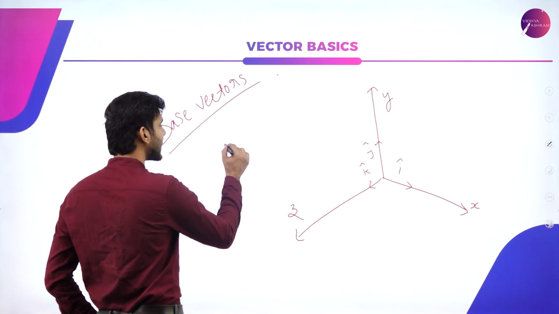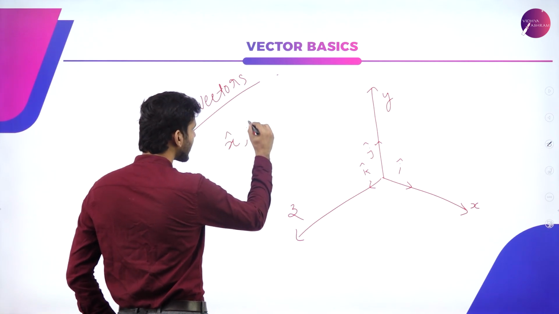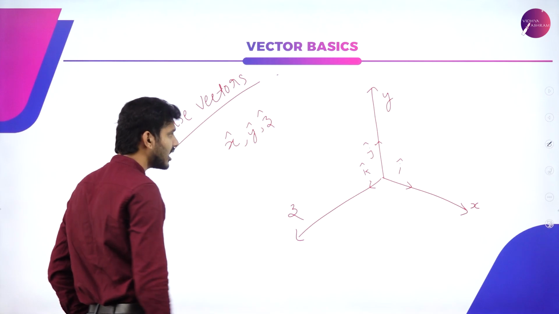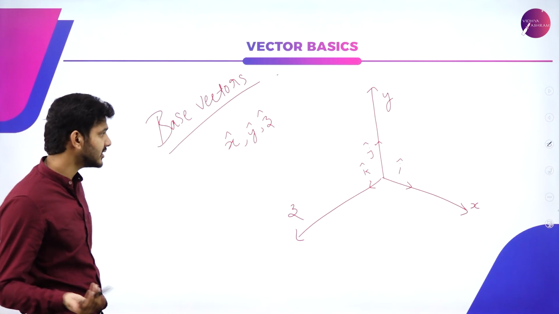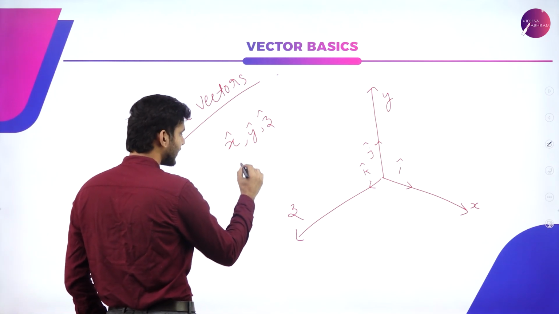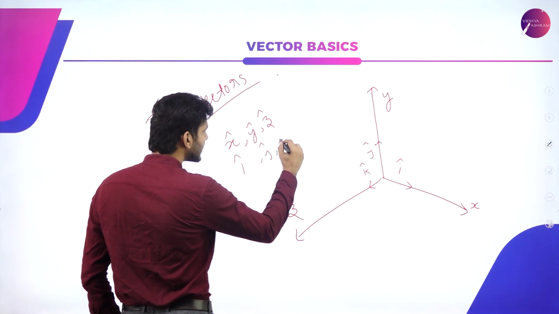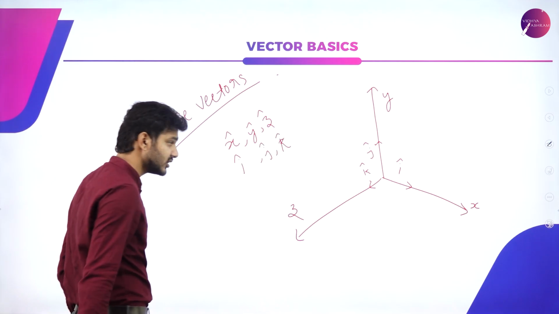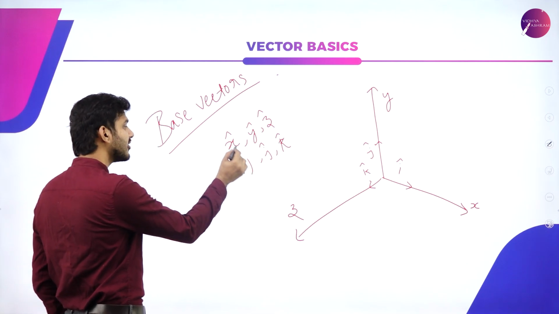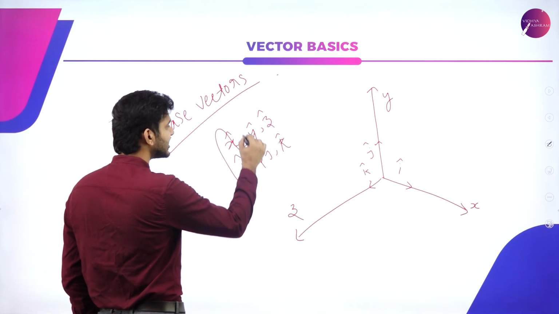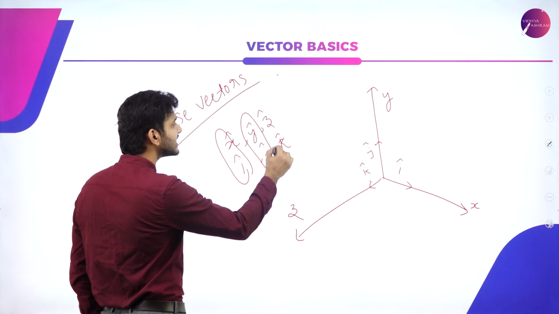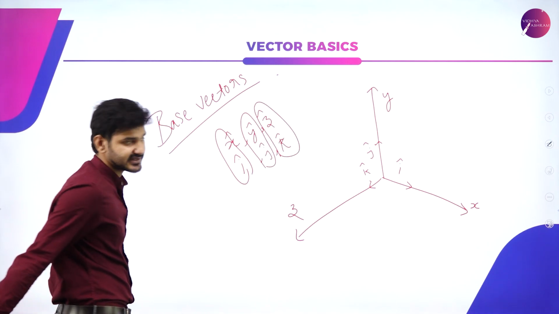Earlier it was denoted as x cap, y cap, and z cap, but now every textbook has adopted the convention that we represent them as I cap, j cap, and k cap. So I cap is for the x axis, j cap is for the y axis, and k cap is for the z axis.